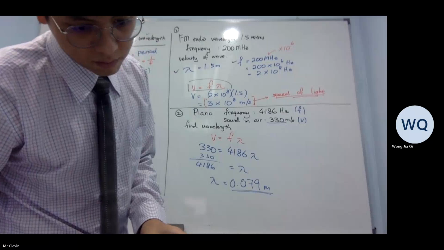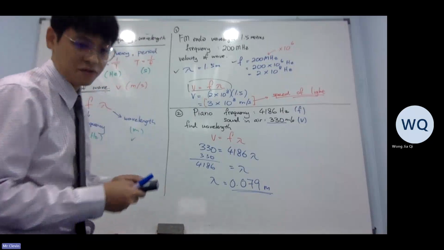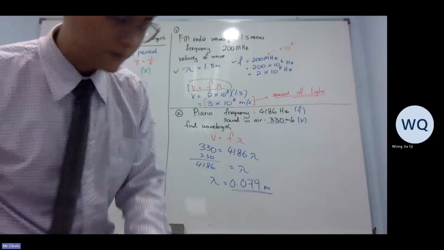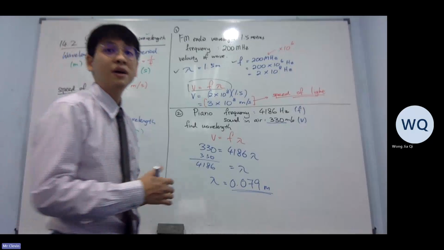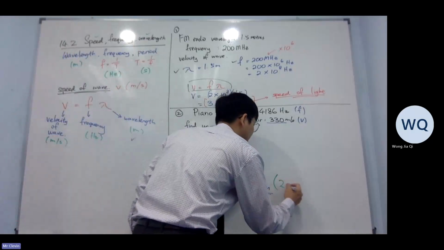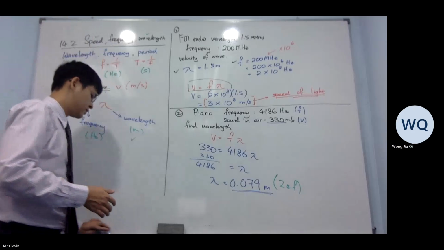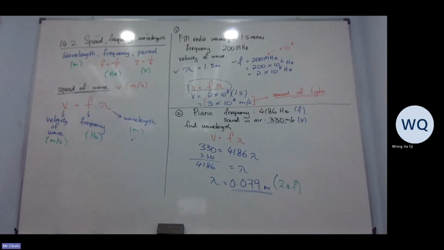Usually if you want to standardize any number in physics, you can always standardize it to 2 significant figures. So that's how we use the formula, and that's how we apply it to the questions.